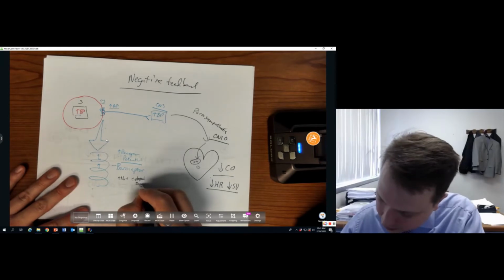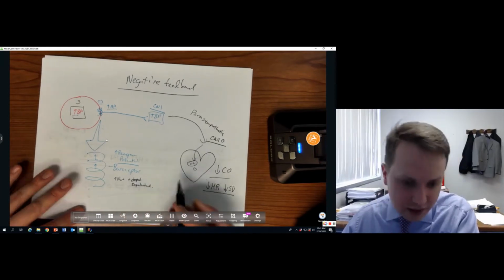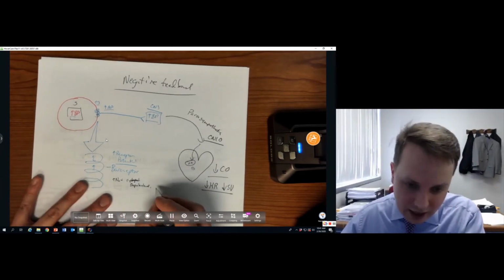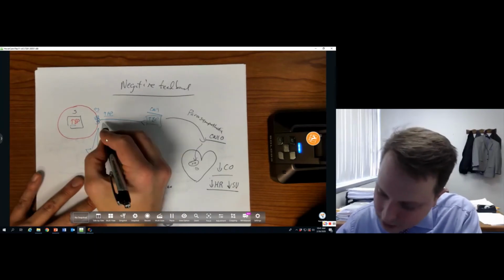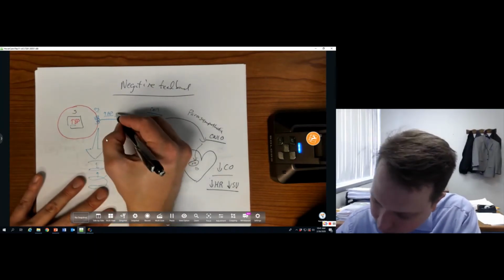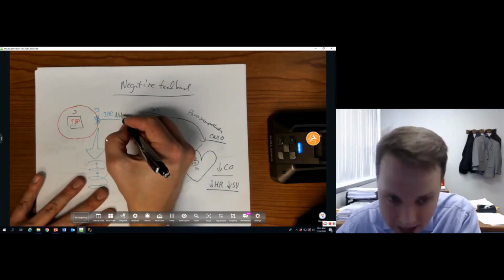It depolarizes, and that then equals an increased action potential on these neurons. So then that neuron will start to fire more of those action potentials we drew.